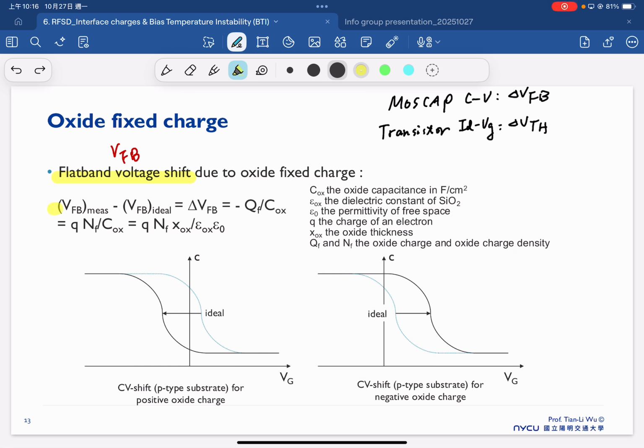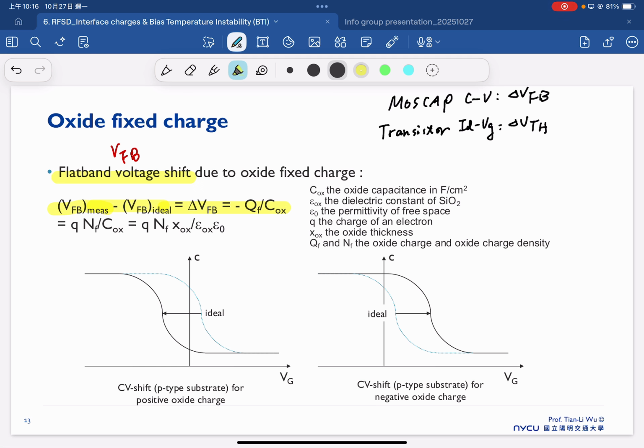So here is one example. We measure the flatband voltage minus the ideal flatband voltage. Then we can get this delta VFB, which is equal to minus QF over Cox here. That's a pretty simple calculation. We just use this flatband voltage shift to estimate our oxide fixed charge.